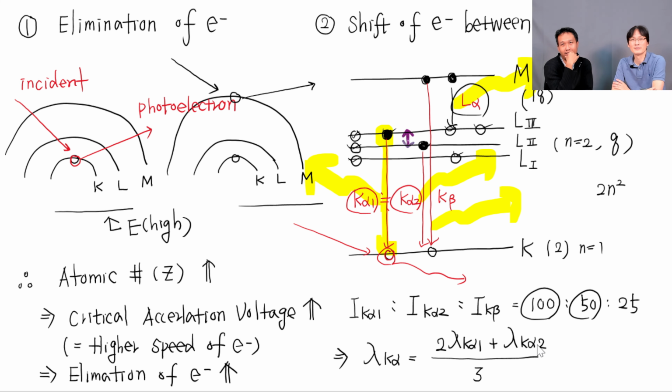So they try to make it simpler, right? Instead of considering two kinds of K alpha, they use K alpha as an average. Right, considering the weighting and the intensity of these two values, and then we give this number. But nevertheless, K alpha 1 and K alpha 2 are almost identical to each other, so the difference is almost negligible.